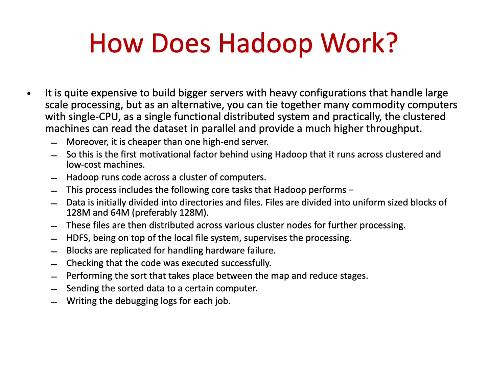It also checks that the code was executed successfully, performs the sort that takes place between the map and the reduce stages, sends the sorted data to the appropriate computers, and finally writes the debugging logs for each job.